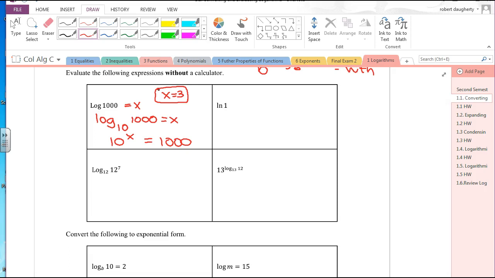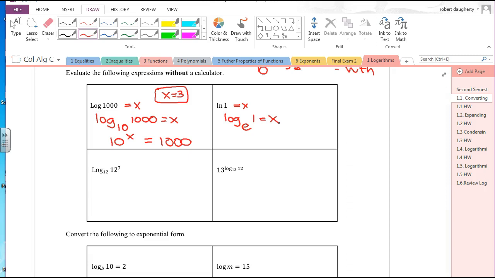Okay, what is ln? Ln means the log base e. It's natural log. Okay, so I don't know what this is. I'm going to say it's equal to x, and I'm going to try to solve for that. So ln of 1, this means the log base e of 1 is equal to x. That's a logarithm equation. I would rather solve it as a what kind of equation?